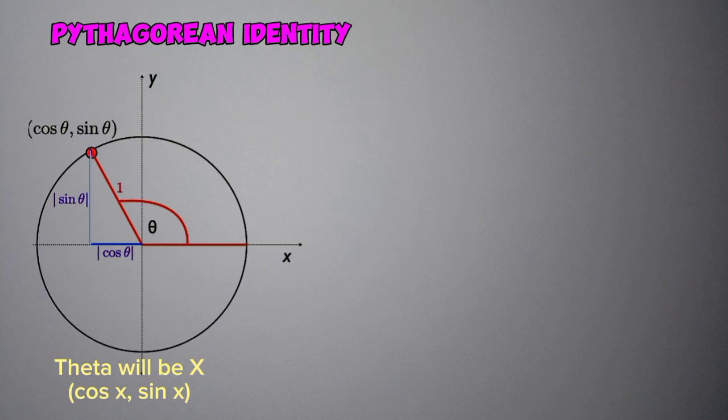To derive our first Pythagorean identity, sine squared x plus cosine squared x is equal to 1, we will draw a triangle from the point of our angle, and the side lengths of our triangle will be the absolute value of our cosine x and sine x.